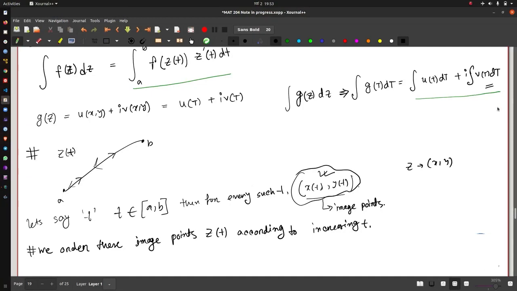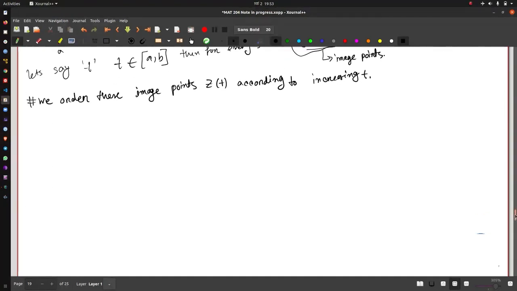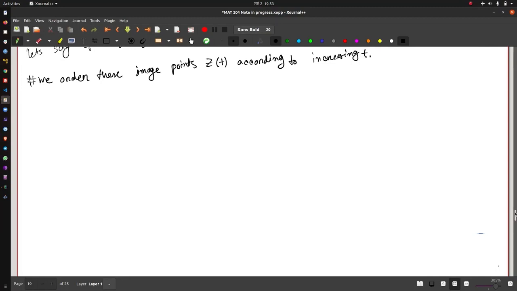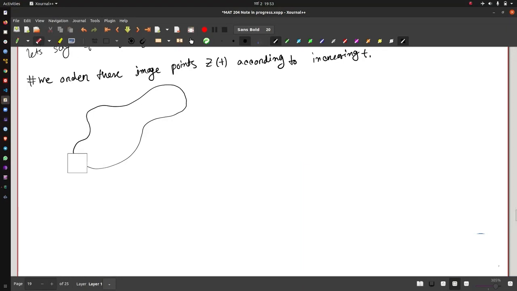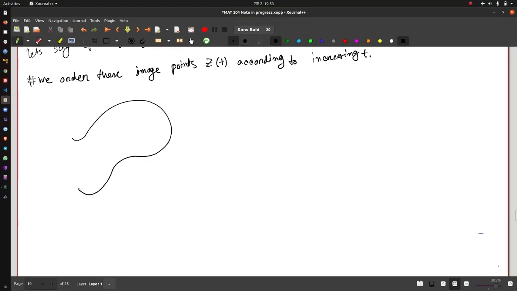This is a general rule of thumb unless otherwise specified. So what does this mean? If you think in very simple terms, let's say this is a curve. Even though it's a closed curve, what we'll discuss in a bit. Let's not take it to be a closed curve, let's just deal with open curves for now.